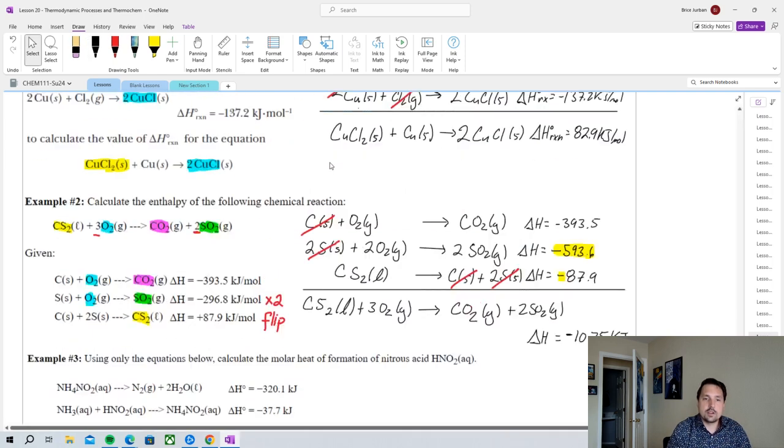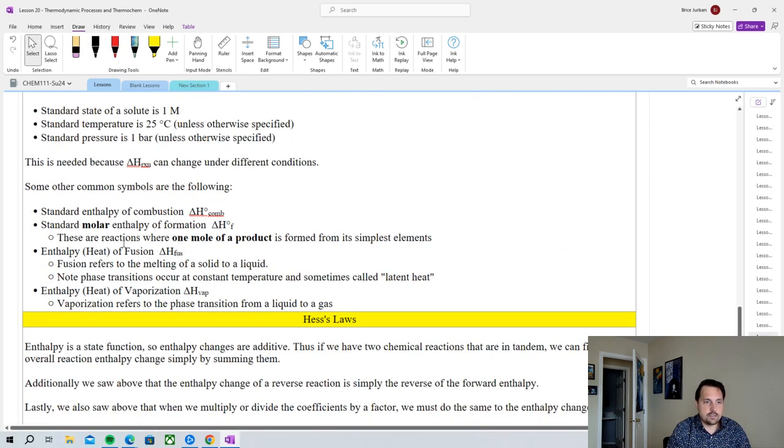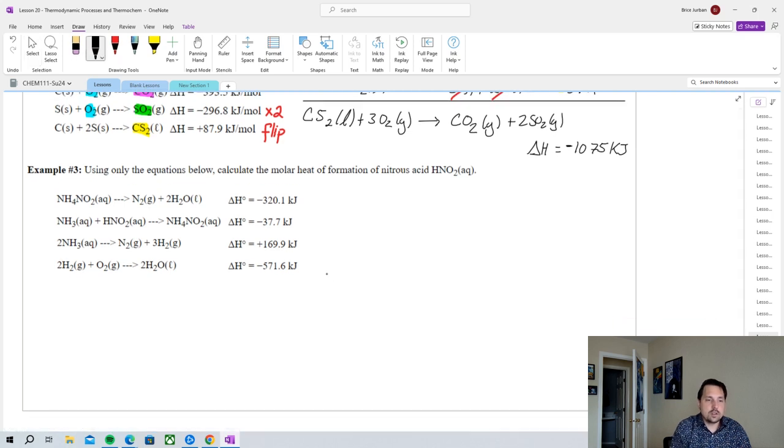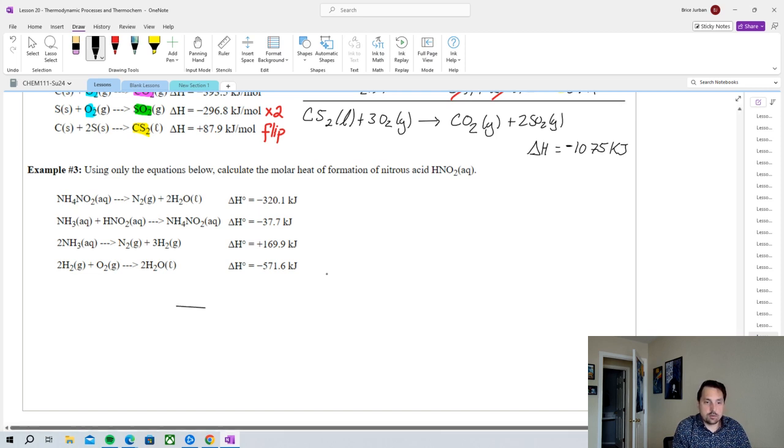What is the molar heat of formation? Well, if we again look back at the definition I gave, it's the reaction where 1 mole of the product is formed from its simplest elements. So usually these reactions are not able to be done. So that's why you would have to use Hess's law to figure this out. So 1 mole of the product formed would be HNO2 on the right side.